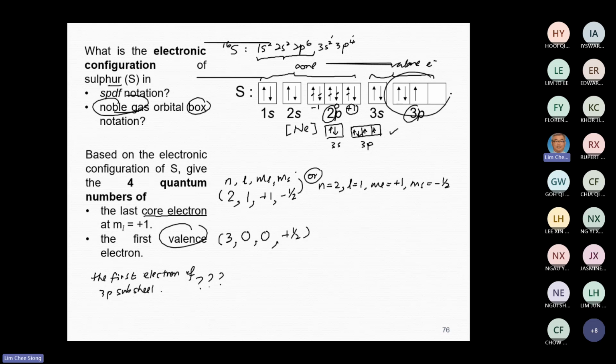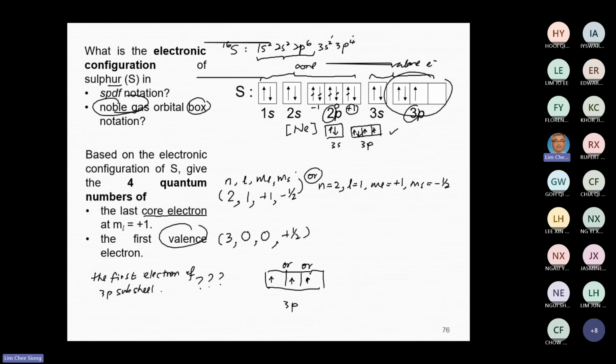When you want to write down the electron under the 3p, actually, listen, the first electron can be allocated over here. It also can be here, it can be here also.